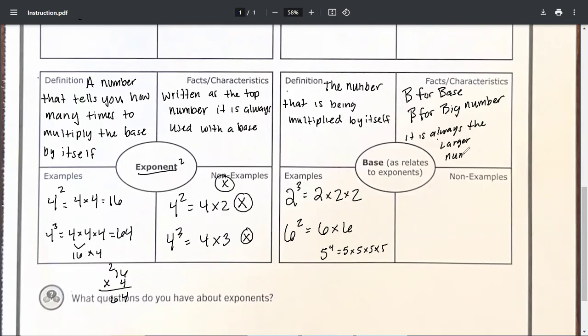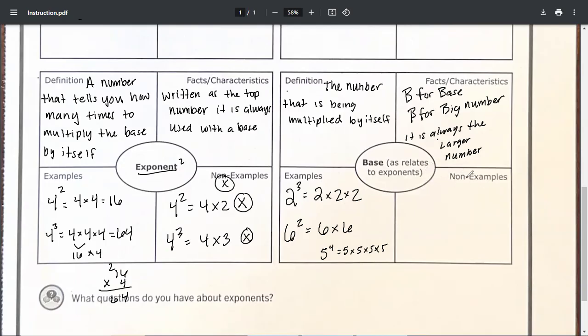And when I say larger number, I don't mean the value. I mean the size that it's written, right? 3 is bigger than 2, but it's the 2 that's written bigger than the 3. That's going to be that big number, that base number. Okay, the main number stands out to you.